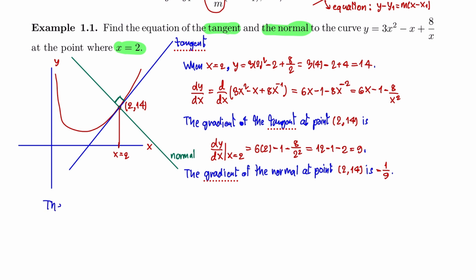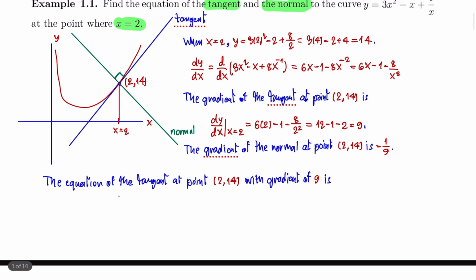So the equation of the tangent at the point, what is this point? 2, 14, with gradient of 9, turns out to be y minus 14 equal to the gradient, 9, times x minus 2.